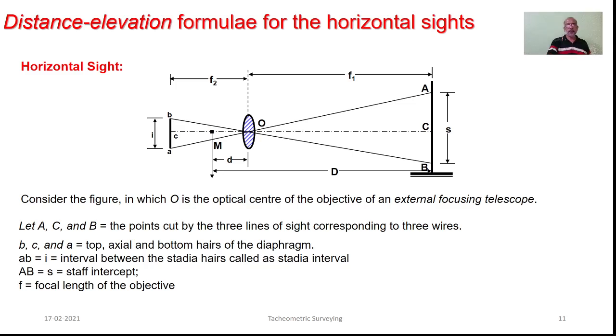As you see, the distance between the small a and small b is nothing but the stadia interval, whereas at the staff, the difference between the readings corresponding to upper stadia and lower stadia is nothing but the staff intercept S. Here, with respect to this particular position of the staff and this particular objective, the focal length can be considered as conjugate lengths f1 and f2.